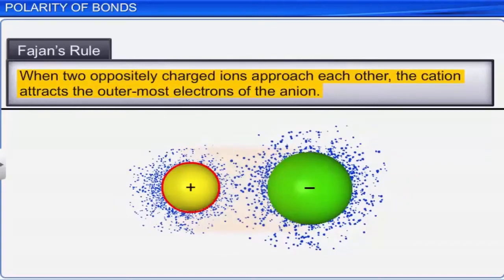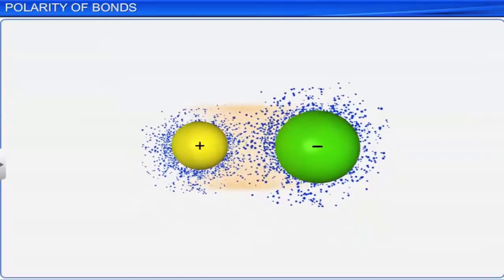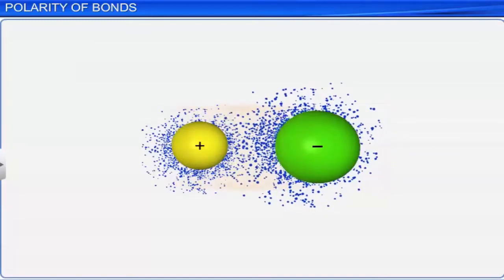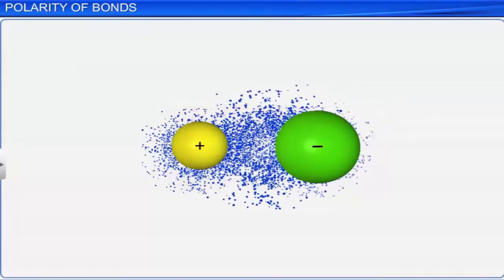Due to this, the electron cloud of the anion gets distorted. This is called polarization. The tendency of the anion to get polarized by the cation is called polarizability.